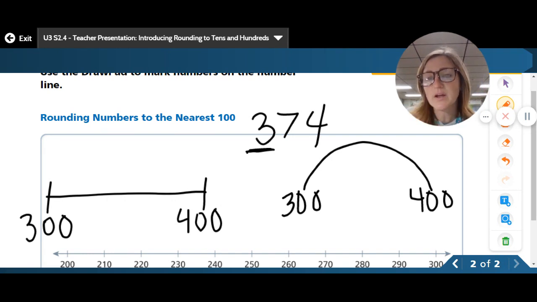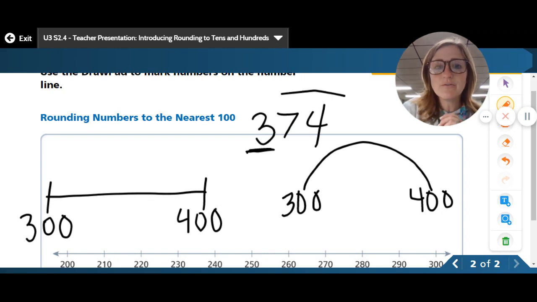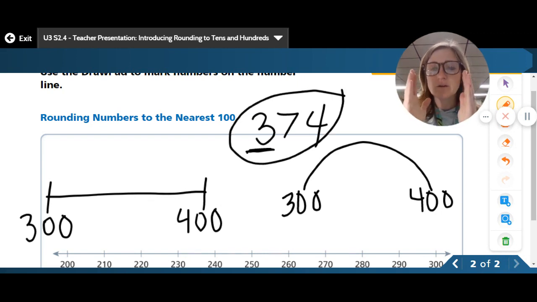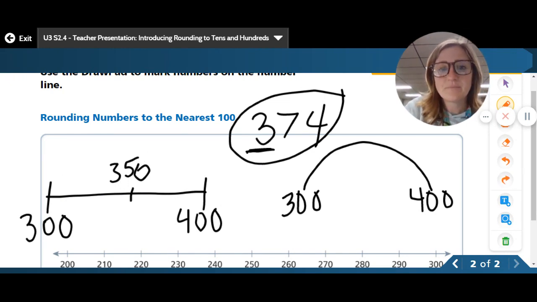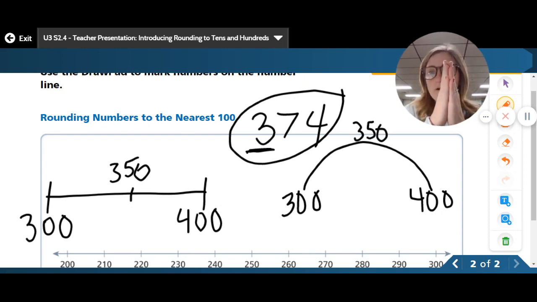The reason we're starting with 300 and ending with 400 is because 374 is between those two hundreds. This time the middle is different though. It's 50 because 50 plus 50 is 100. So 350. It's good to put that middle mark so that you can choose the right side.